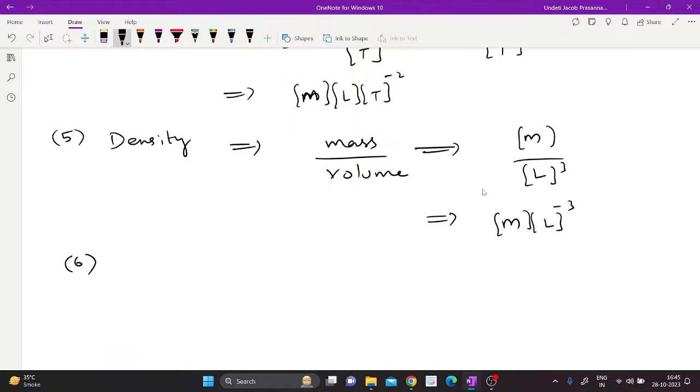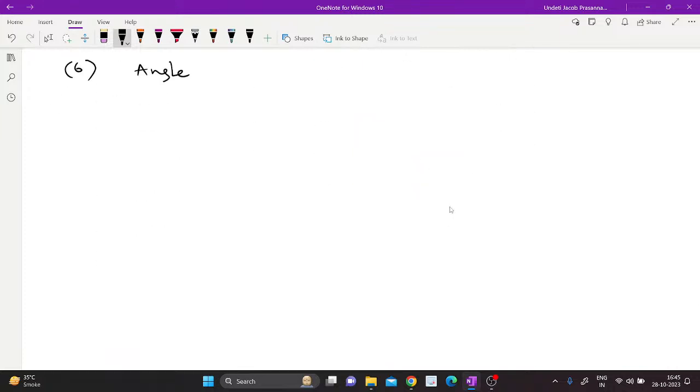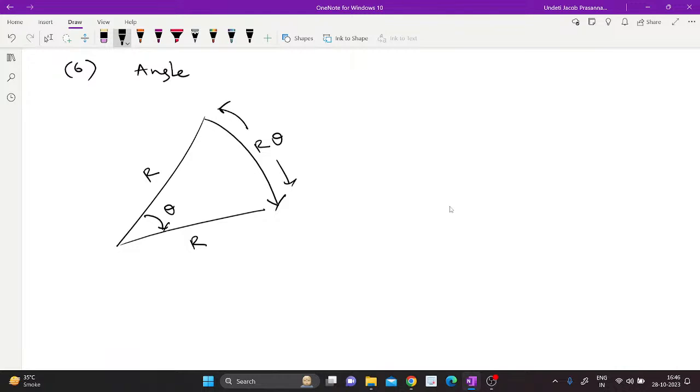Let's go with angle. How can we get the dimensional formula for angle? We'll take one formula for angle here. The basic formula is, if you have an arc like this, and this arc is part of a circle, so this is the radius r. This arc length is given by r theta if this angle is theta here. So arc length L is equal to r theta.